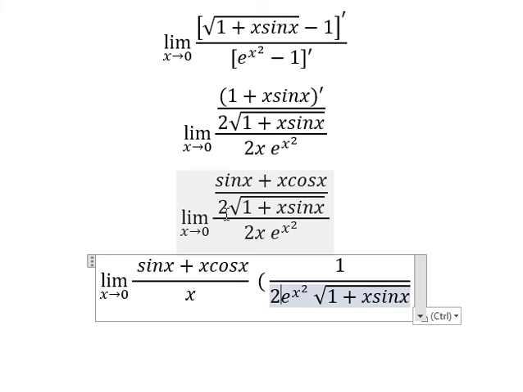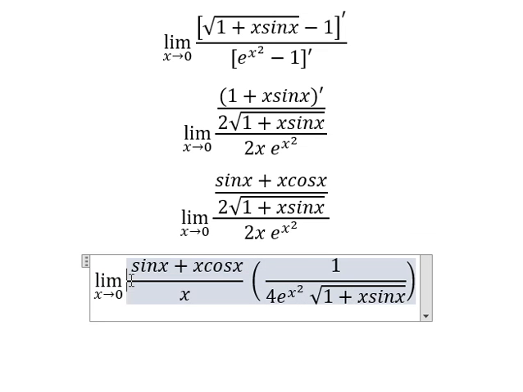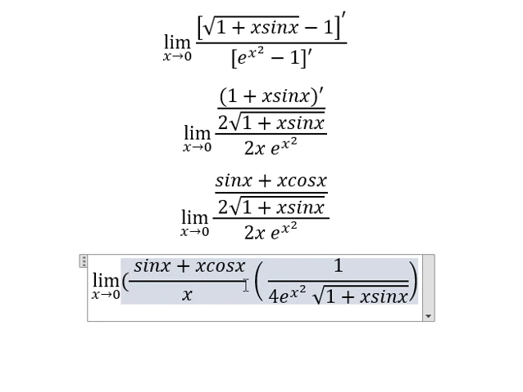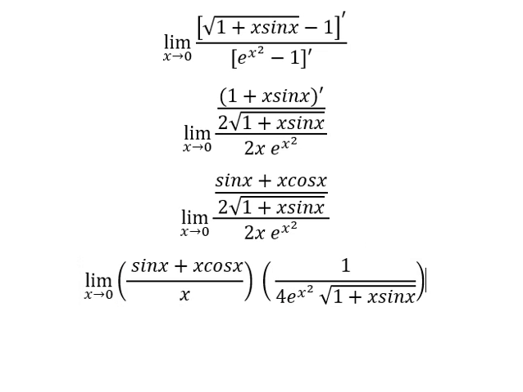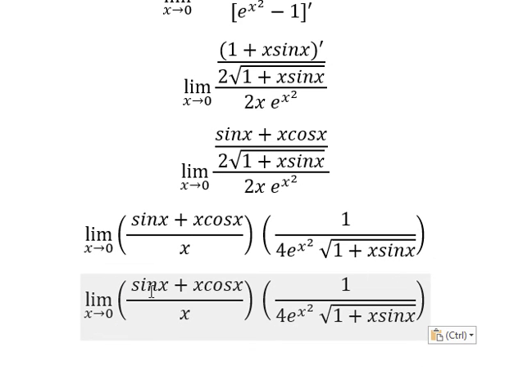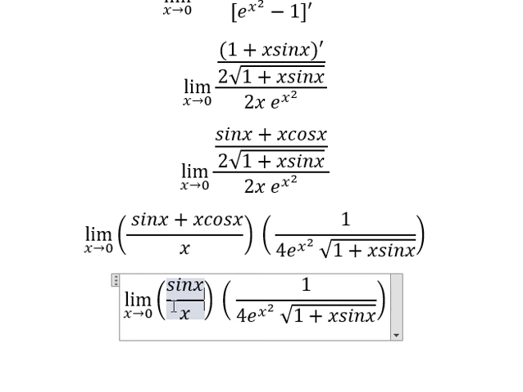So number 2 and number 2, we have number 4. Next, we have sine s divided by s, and s divided by s. So we have it like this.